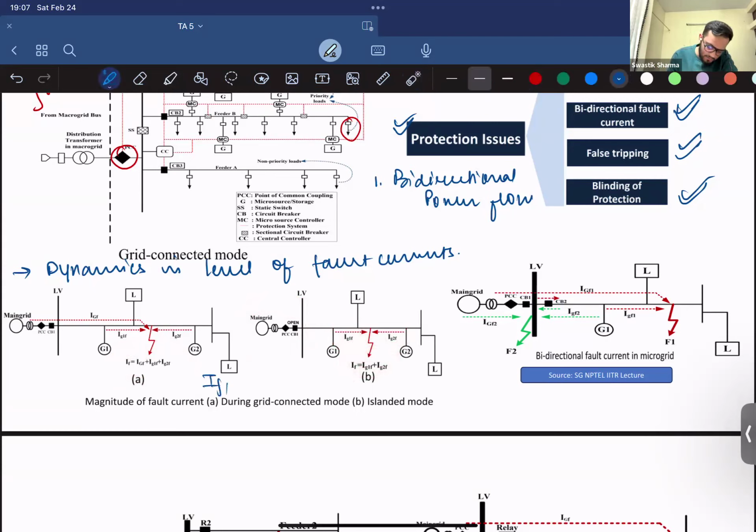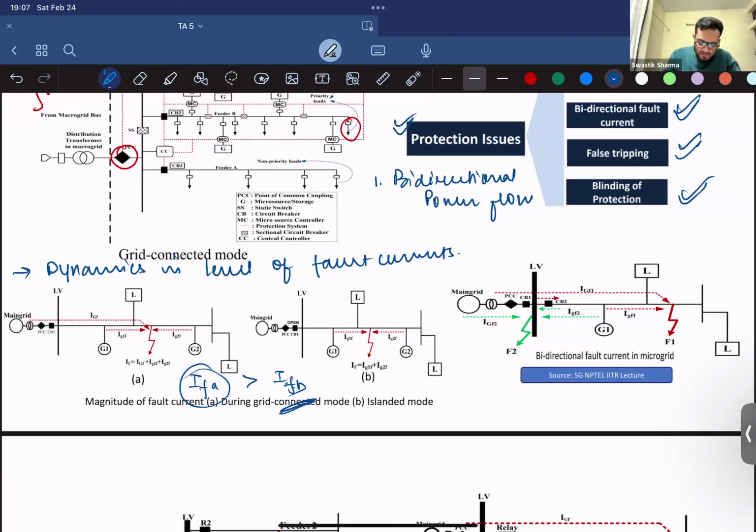So let me call this IF case A and this case B. Since this magnitude is lesser and your relay was designed to check the larger current, it will not trip while it should trip to isolate this fault, right? So this is one protection issue that usually arises due to microgrids.